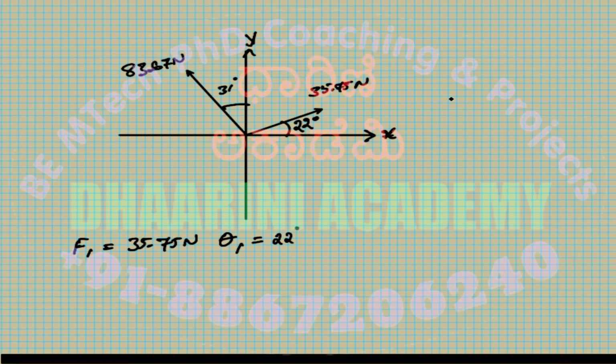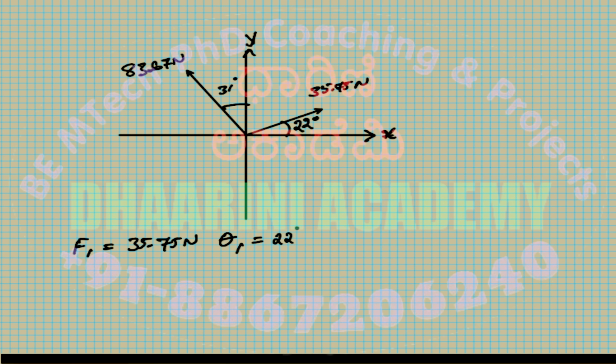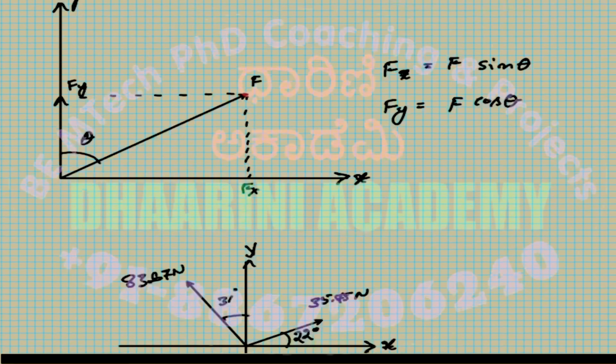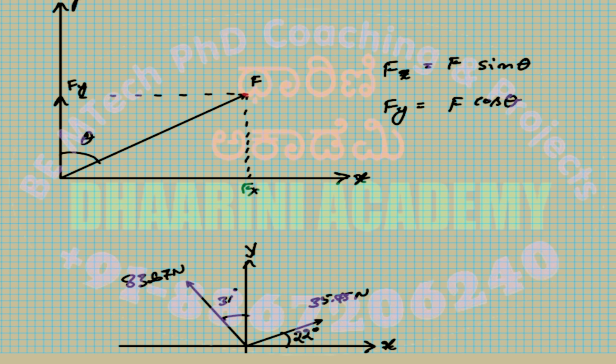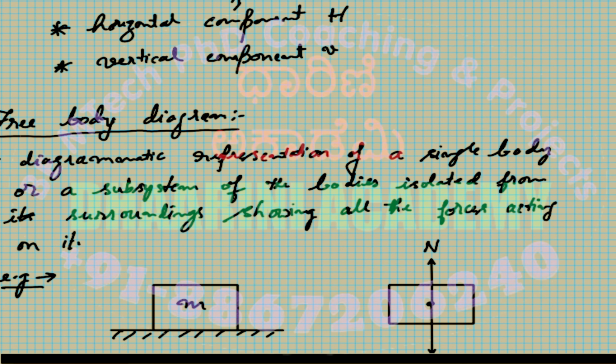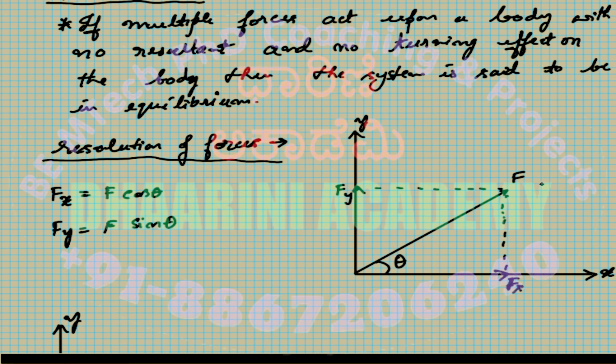You can see that the first force is actually our first scenario we considered, the one before this one. We have the force and the angle is given with respect to the x-axis.